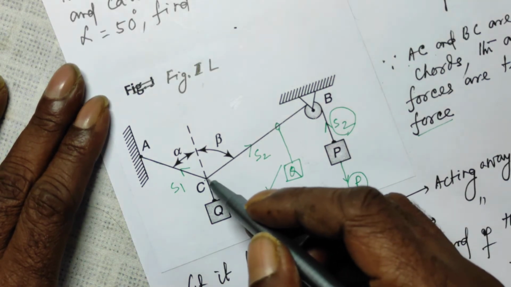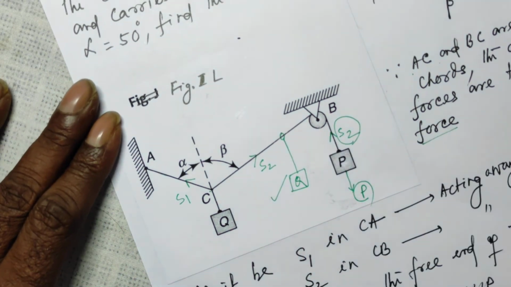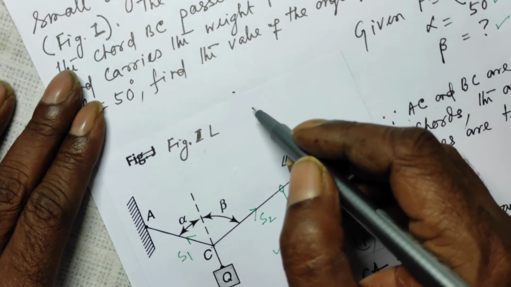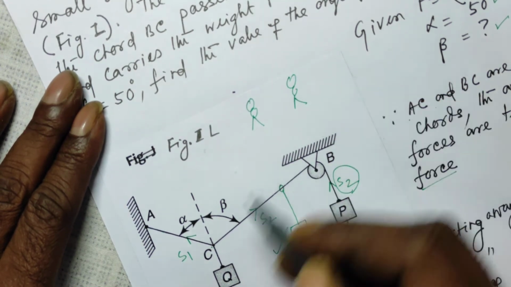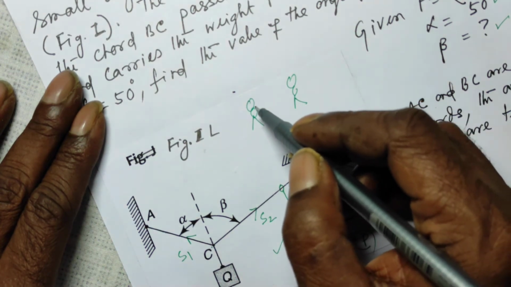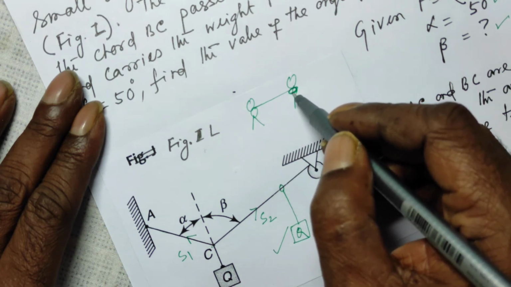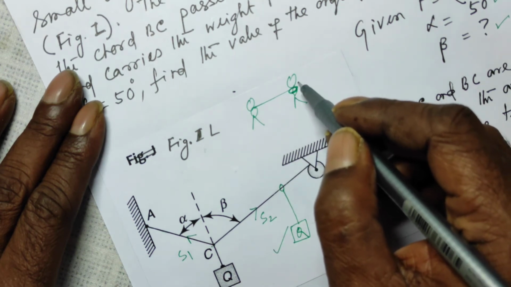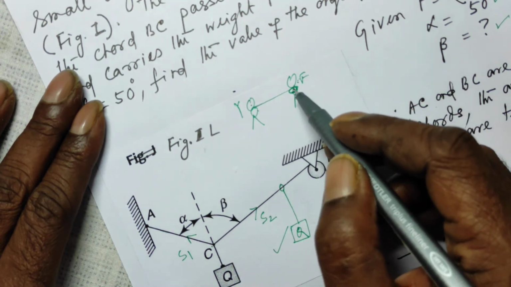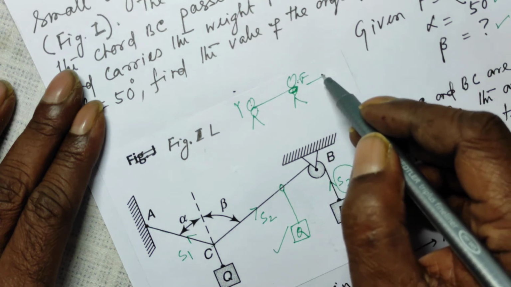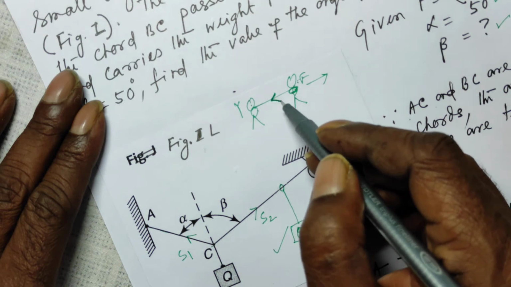Now, why are S2 and S1 acting away from the point C? Very simple logic. Suppose you are standing here, and here is your friend, and there is a cord that you are holding, and it is tied around your friend. You cannot push your friend to this side with the cord, but you can definitely pull him to this side, right?